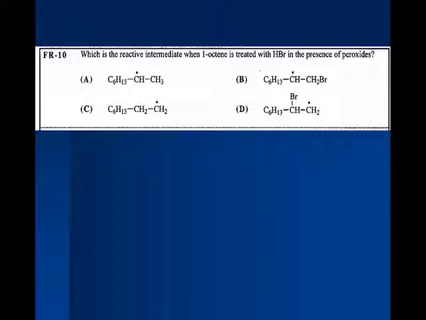Which is the reactive intermediate when 1-octene is treated with HBr in the presence of peroxides?